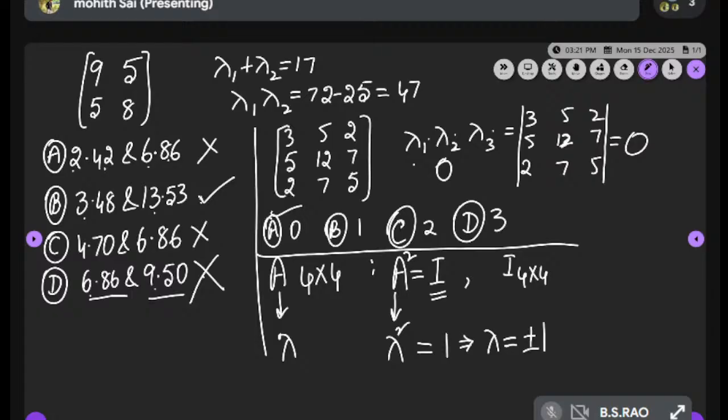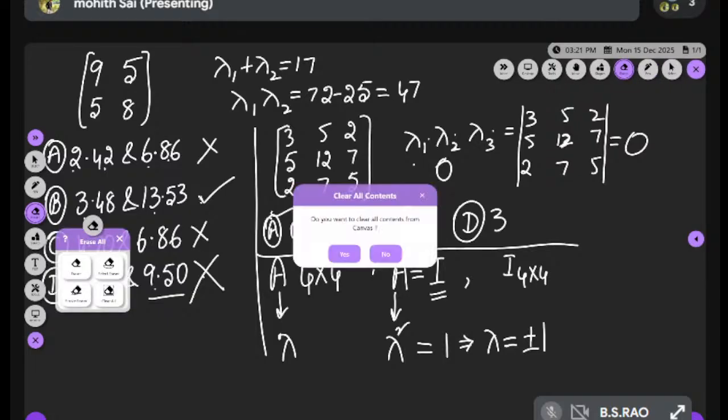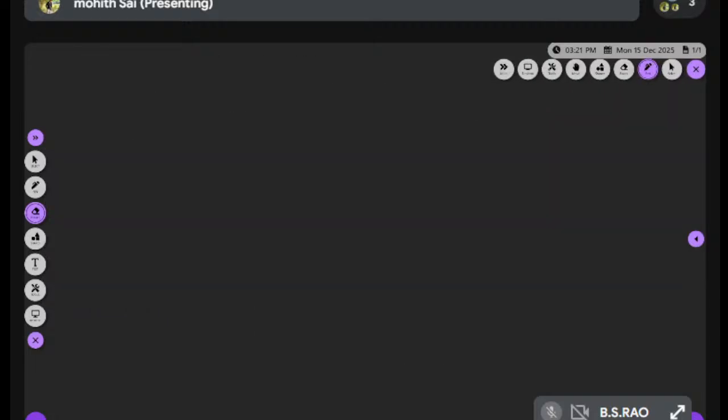Therefore, the positive eigenvalue of A is +1. Is it finished? Clear? Say yes or no. Right.